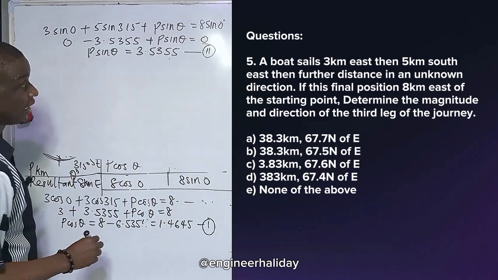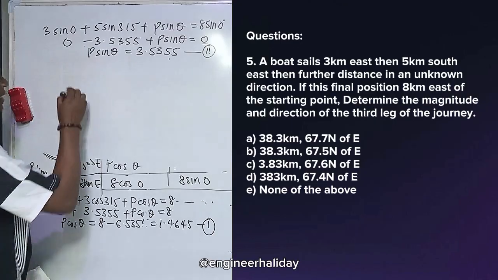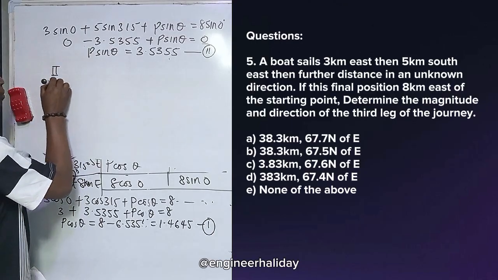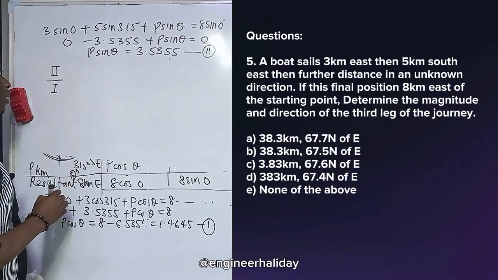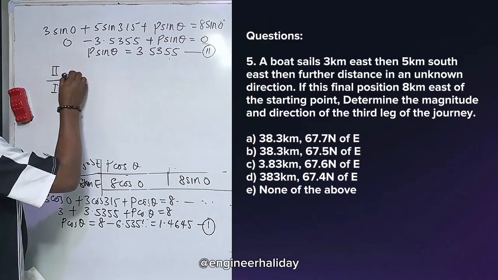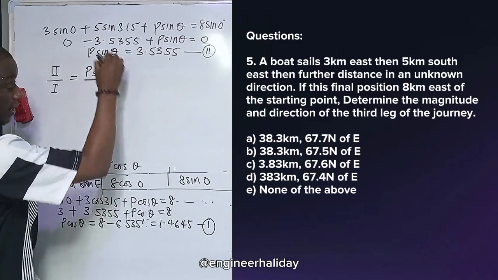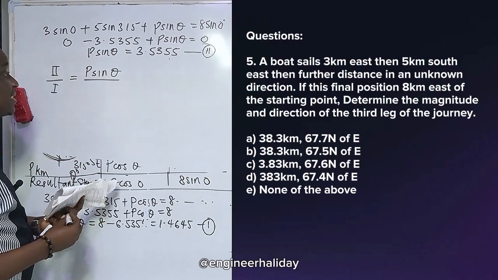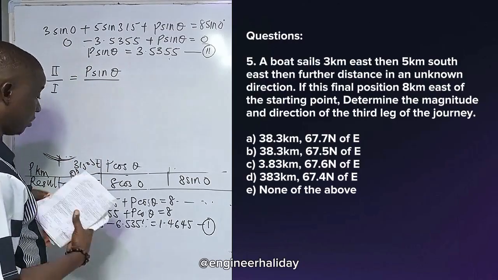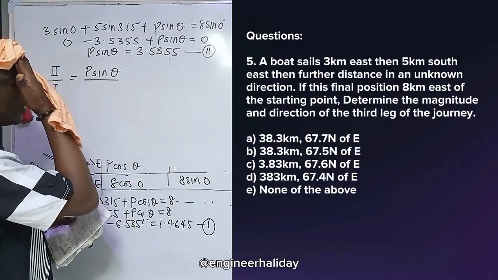So, having gotten equations 1 and 2, let's divide equation 2 by equation 1. So this one was what? P sin theta divided by P cos theta.